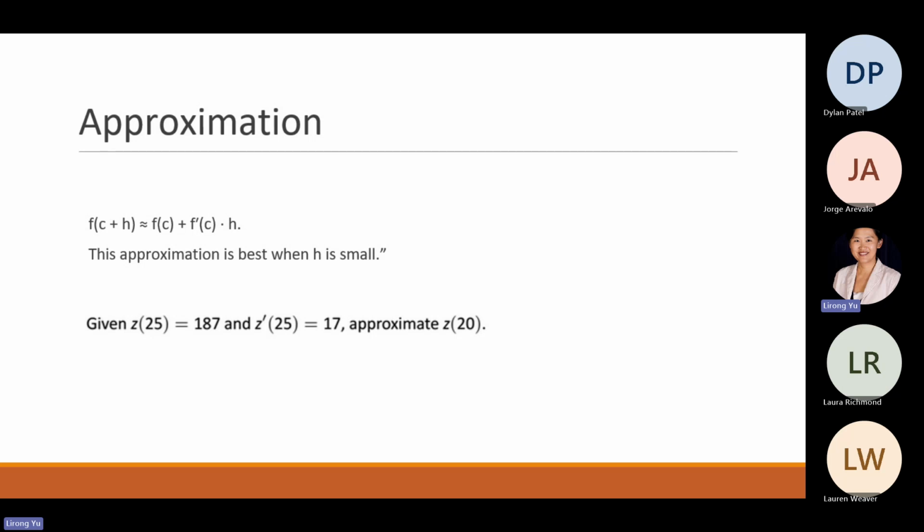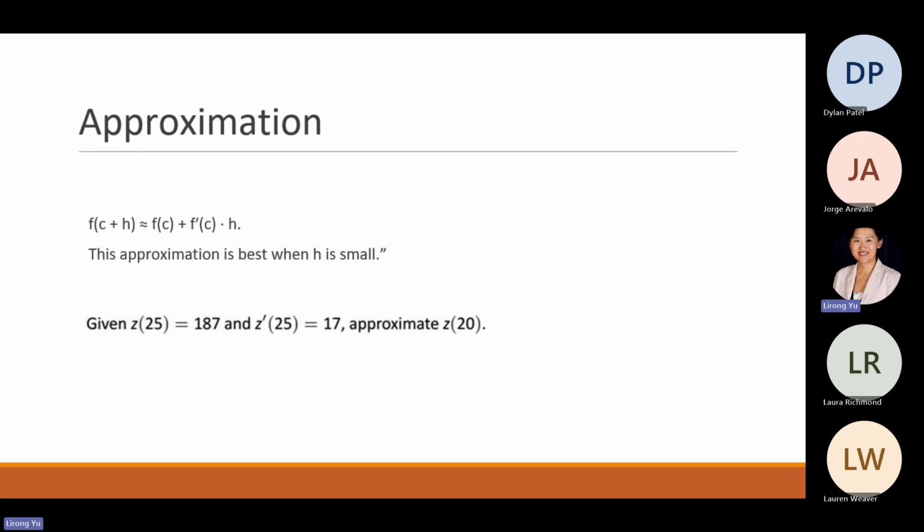Basically, the approximation process is: you know the value at f(c). So you know the function f's value at c. Now you're trying to find out what the function value is at c plus h. Compare c plus h with c. You have h more. So the difference in the independent variable is c plus h minus c. The difference is h. So that h is a change in the independent variable, but what do we call the derivative?